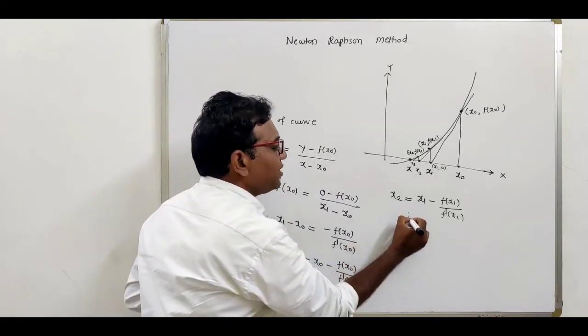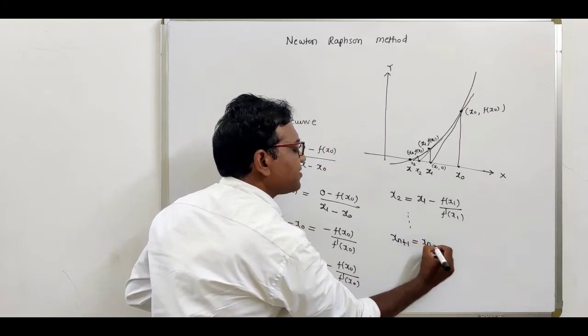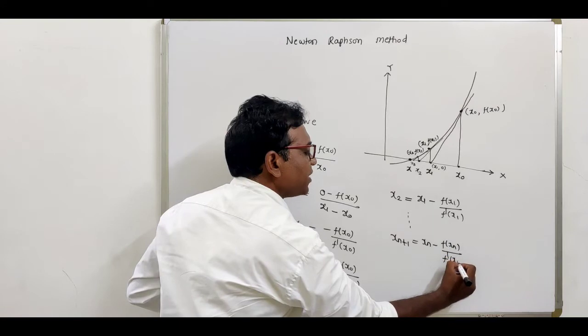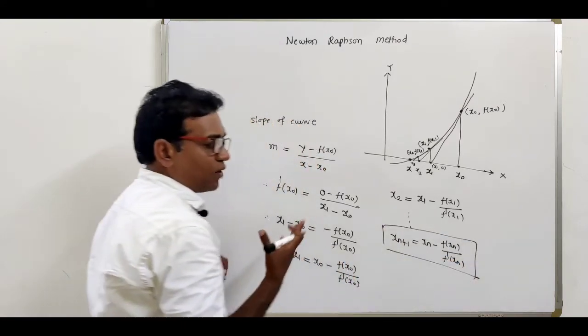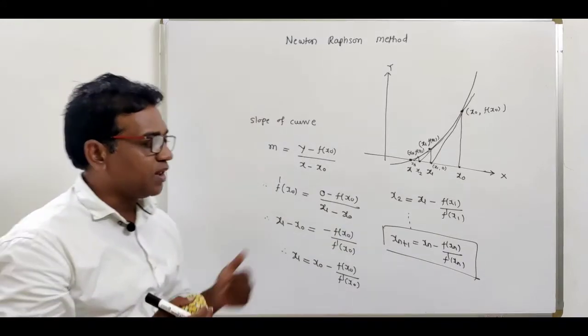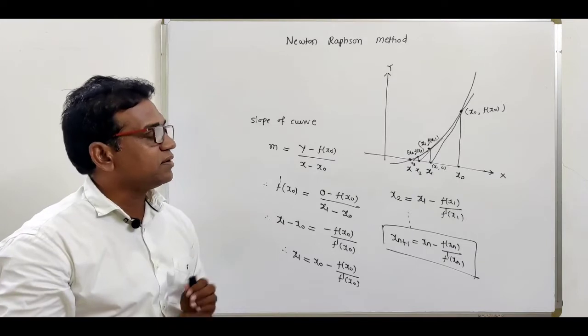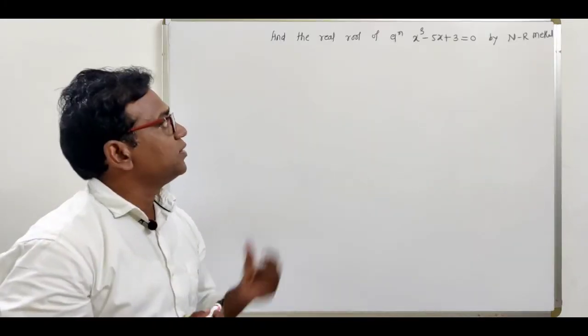By continuing in this way, we get x(n+1) is equal to xn minus f(xn) divided by f dash xn. This formula is known as the Newton-Raphson formula for finding the real root of an equation. So we shall now take an example on this topic. So write down the example.